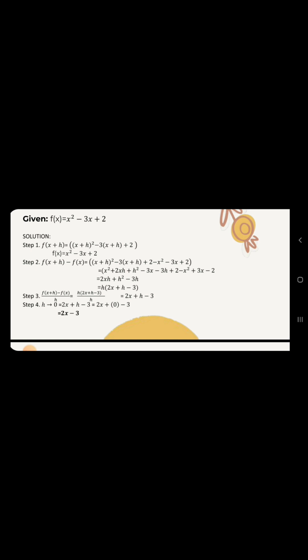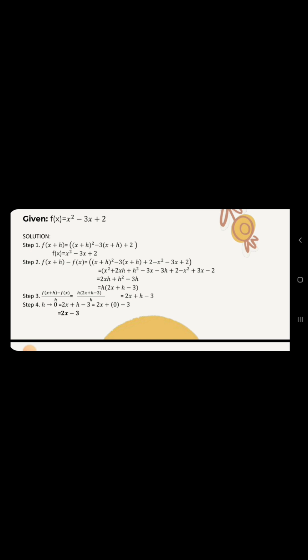So in step 3, f of x plus h minus f of x over h is equal to h times 2x plus h minus 3 over h, which is equal to 2x plus h minus 3.